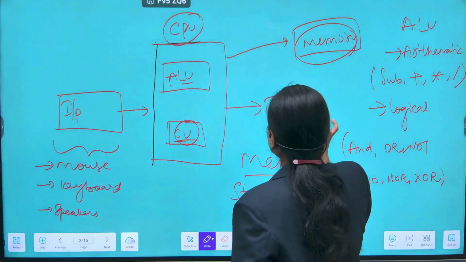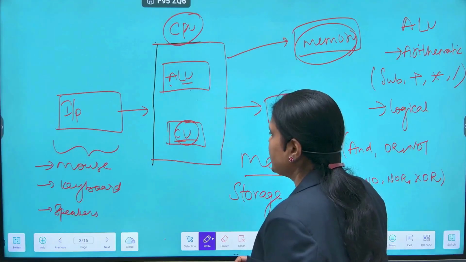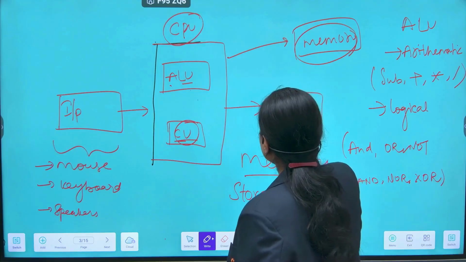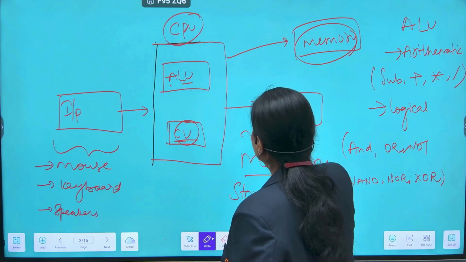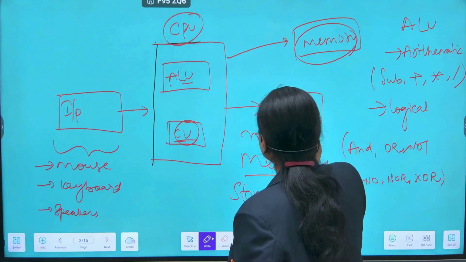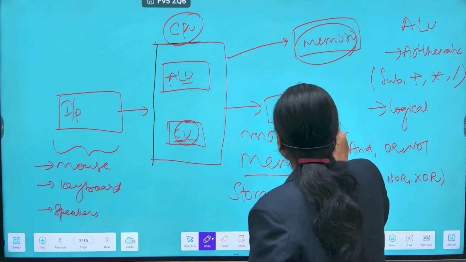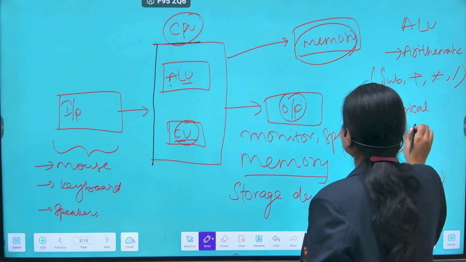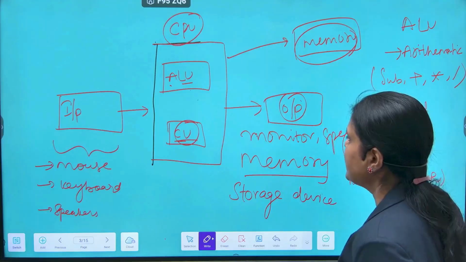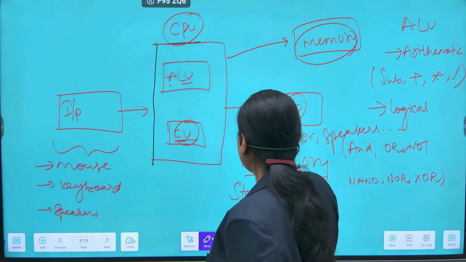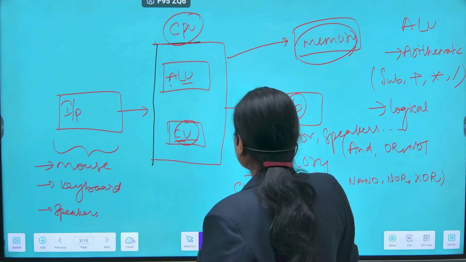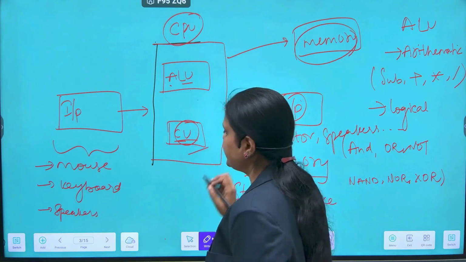Output devices are the devices through which the output after processing is given to the user. Examples of output devices are the monitor, speakers, and so on. Now we are going to discuss memory and control unit in detail.